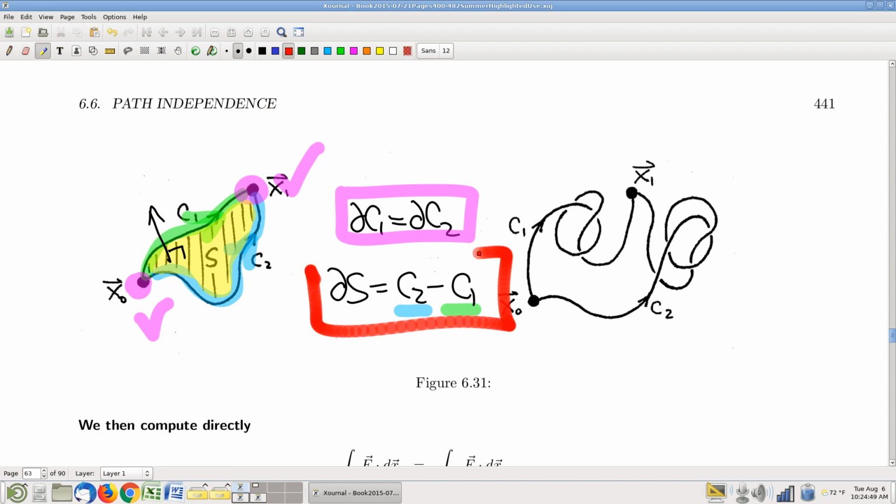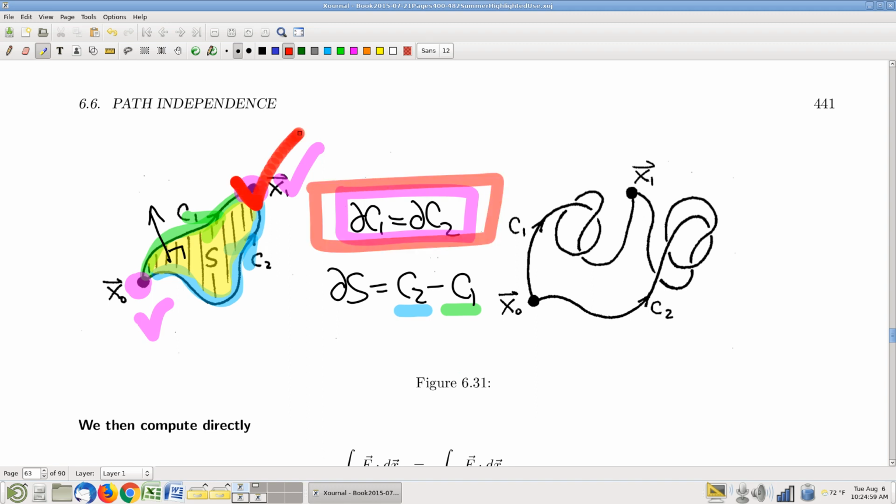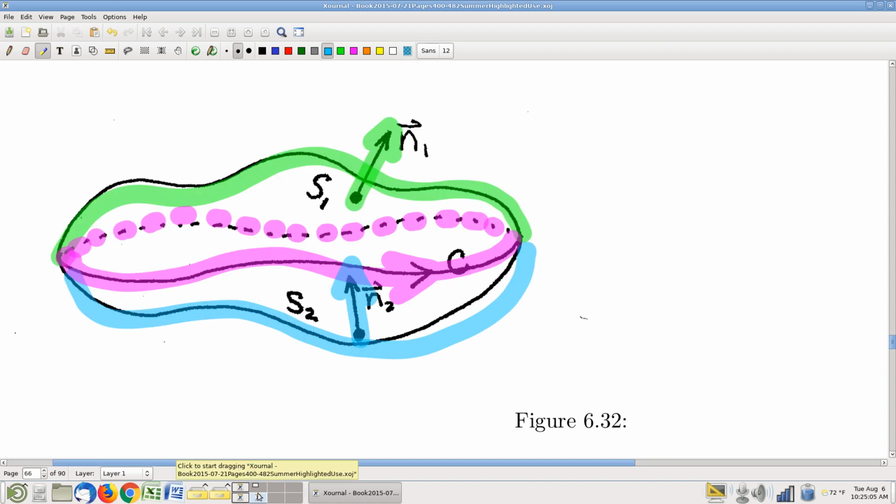That's the worry about this minus sign. And that's not the only perspective. What we need to make sure of is that the boundaries of these two curves are the same points. And likewise here, what we need to make sure is that the boundary of these two surfaces are the same curve. So this is how the orientations have to go.